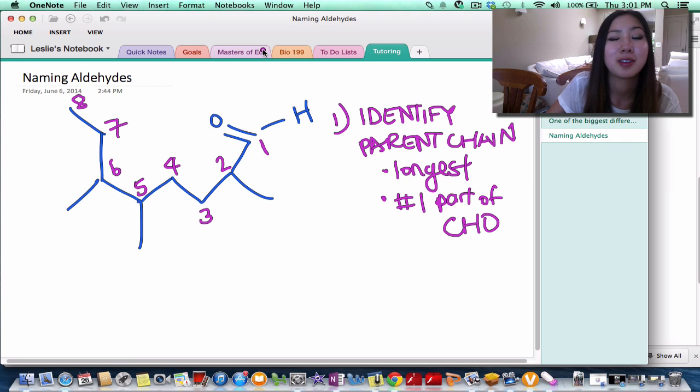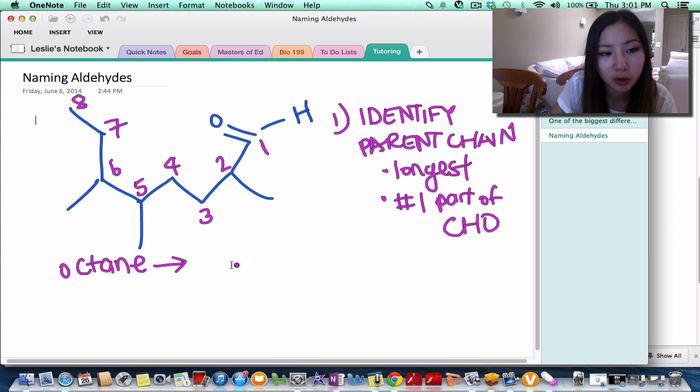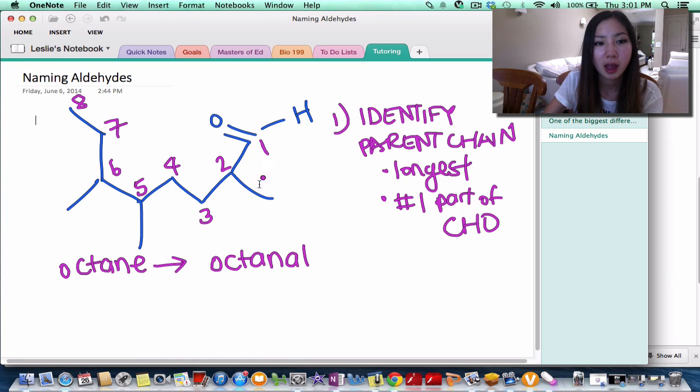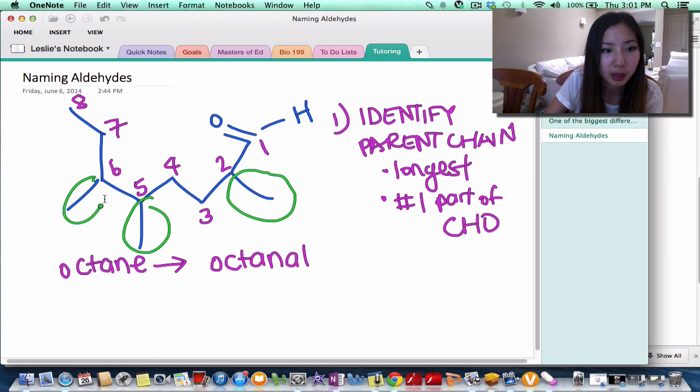And 8 corresponds to what? It corresponds to octane. And what do we do with this? We turn octane into octanal with an AL. All right, but we do need to take into account all of the substituents, right? We have a methyl group here, a methyl group here, and a methyl group here.